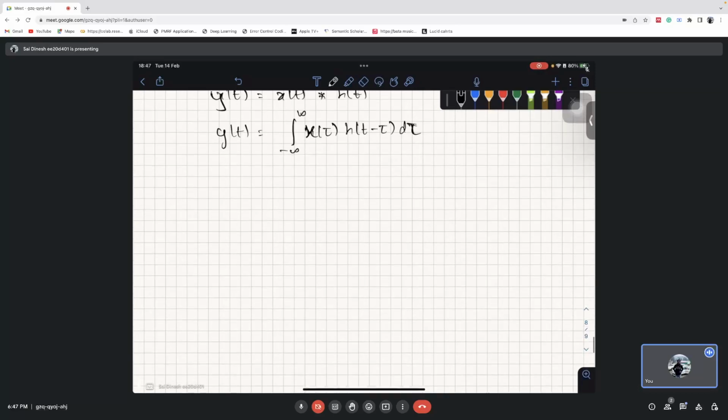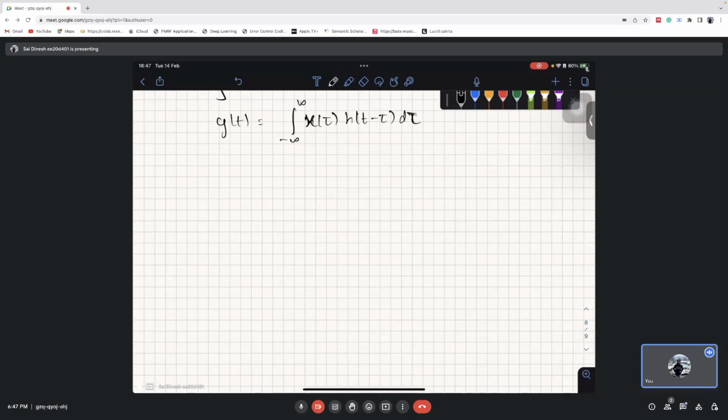Right. So let's take an example, maybe it will be clear with an example. Let x of t be equal to e power 2t times u of minus t, and h of t equal to u of t minus 3.